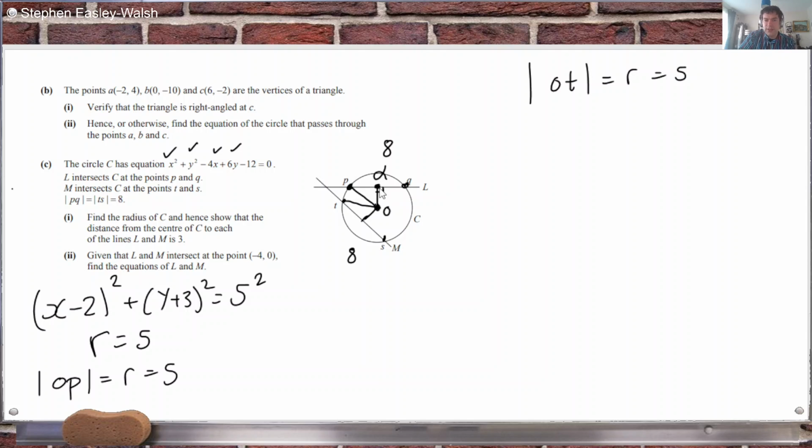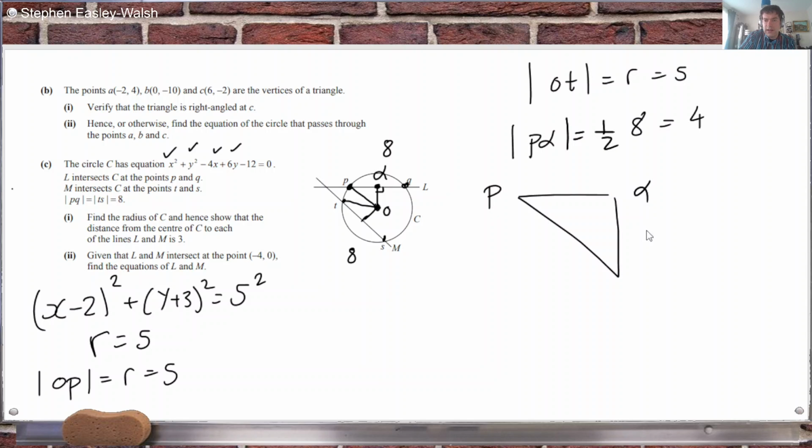And we know from circles that that will be in the center. So we know that P alpha will be half of 8, which is 4. So what you have is this triangle P alpha O, and we just said that that's 5, and that's 4, so that's 3. So therefore, shortest distance is 3.